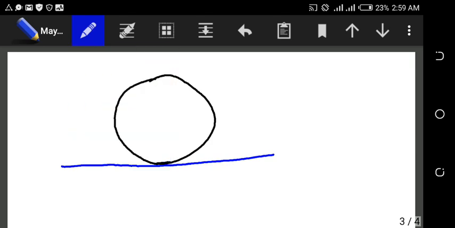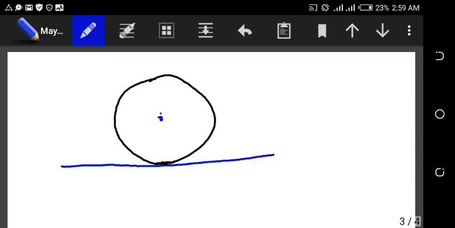So we have a circle, and then we have a tangent. Remember that a tangent just touches the circle. So the theorem is saying that this tangent is perpendicular to the radius, and the radius is a line drawn from the center of a circle.